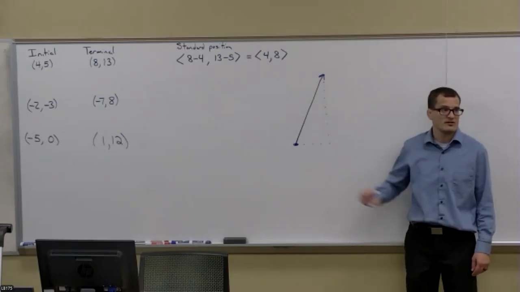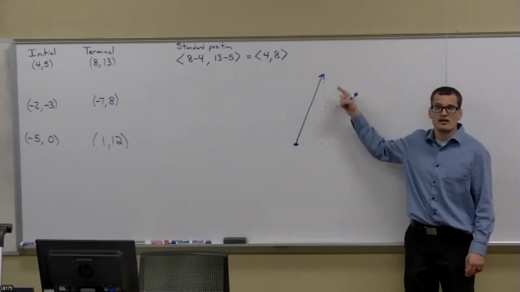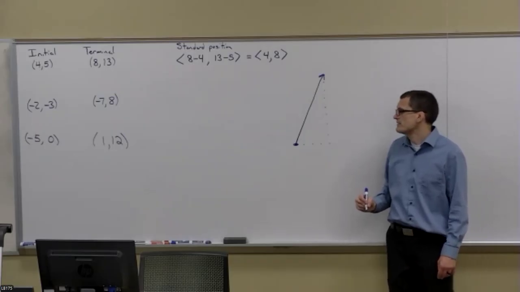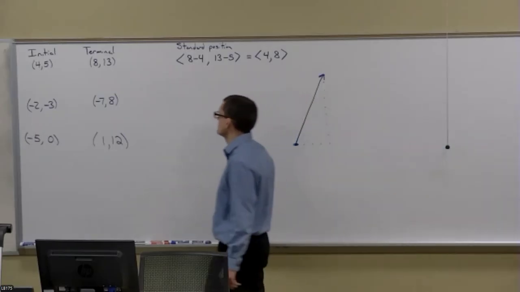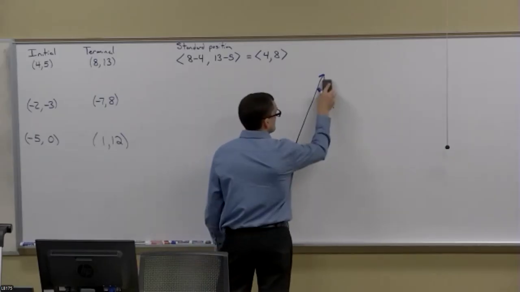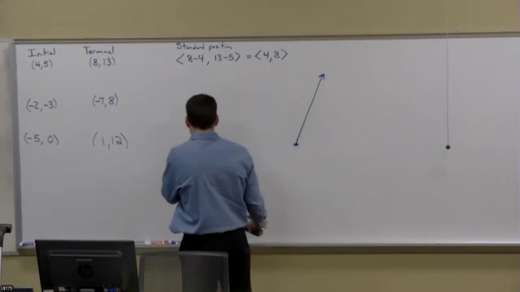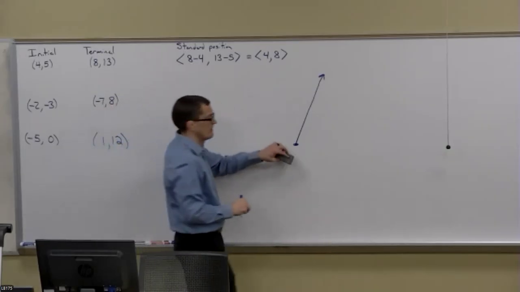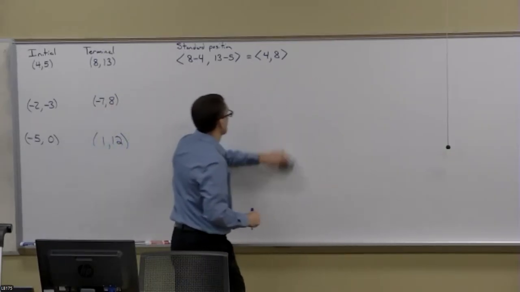That makes sense. So we're going right and up. Right 4, up 8. Make sense? That's the vector <4, 8>.